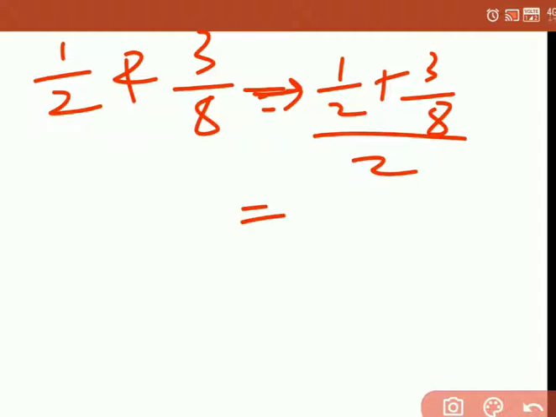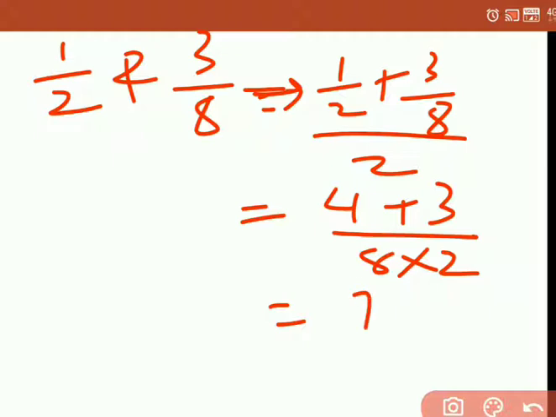So that is equal to, yes, 8 is the LCM, so 4 plus 3 upon 8 into 2, so 7 upon 16. Correct. Further you can take 7 upon 16 and 3 upon 8.